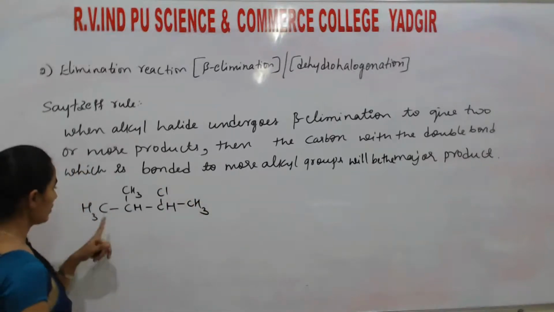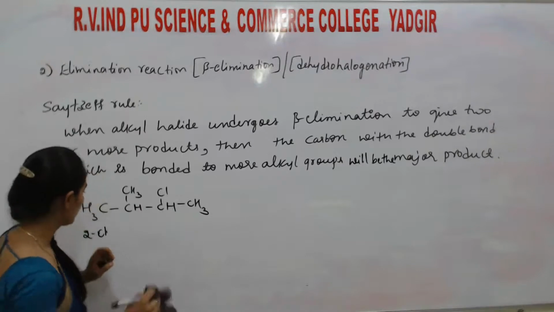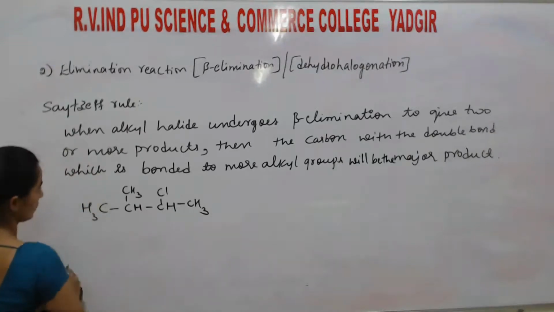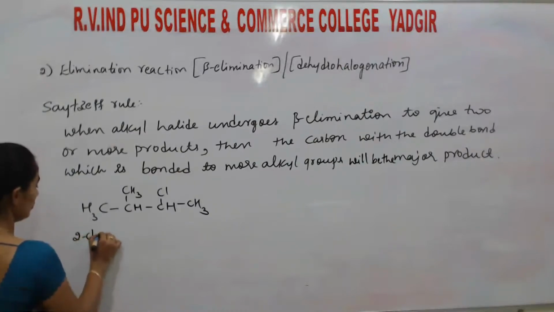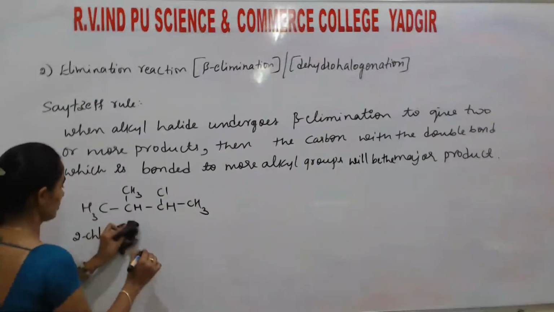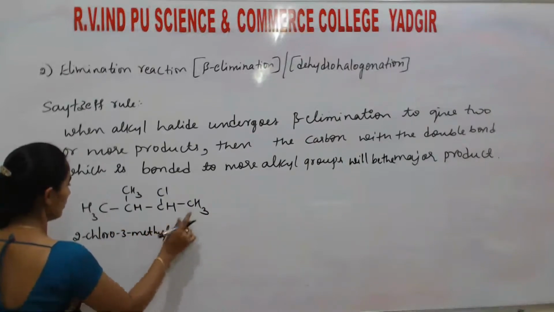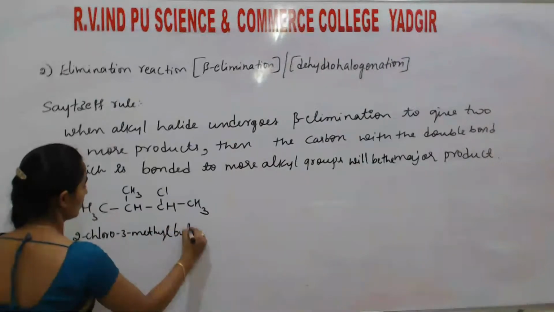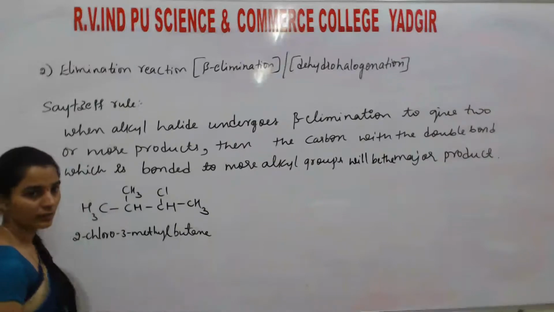If I number the carbons 1, 2, 3, 4, that is 2-chloro-2-methylbutane.